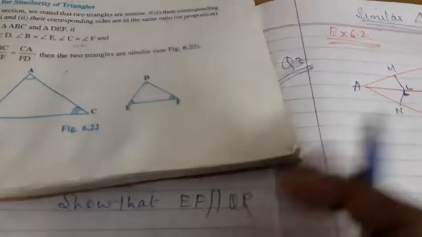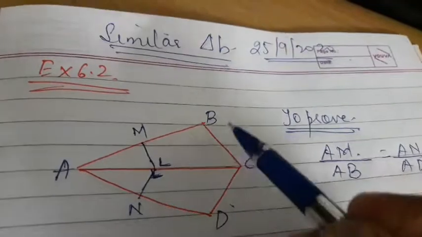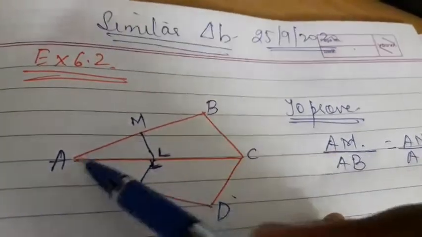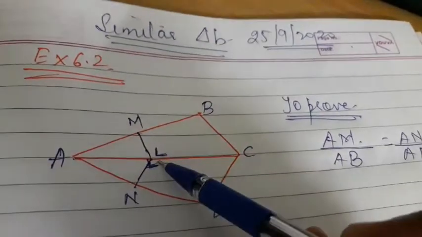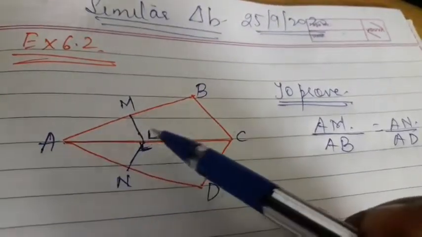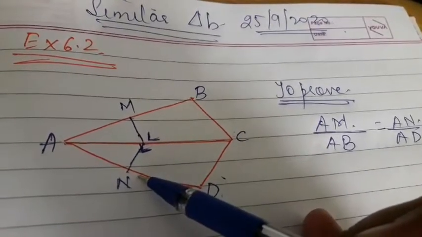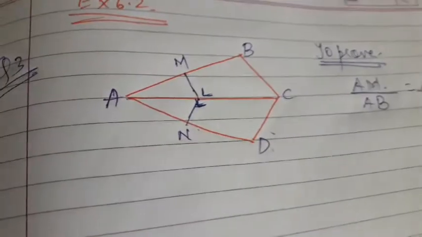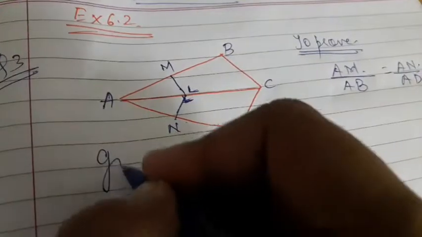Now I've drawn the figure here. This is triangle ACB and ADC. ML is parallel to BC and LN is parallel to what? CD. Now let's see what is given.